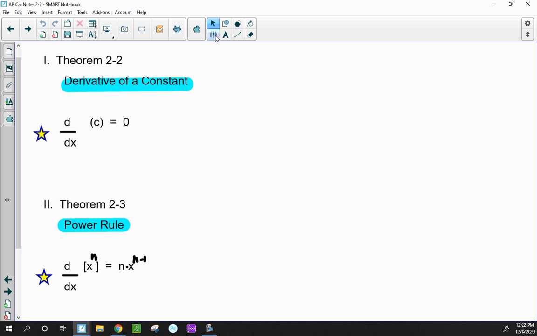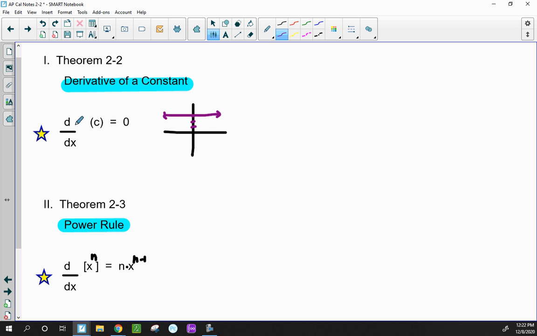Think about it in terms of a graph. If you have a constant function, then the line is horizontal. Like this one, I'm going to call 3.